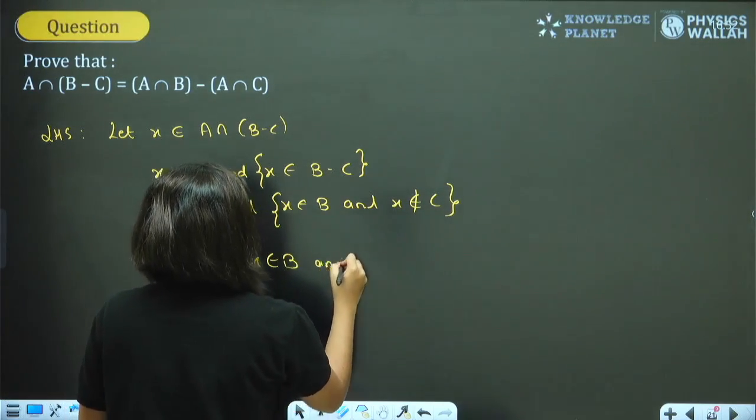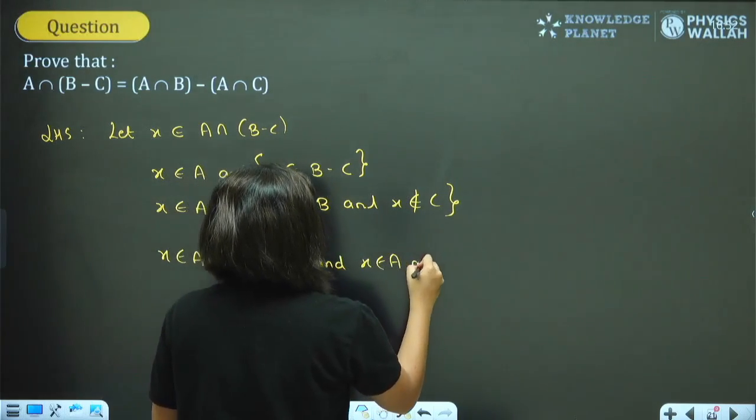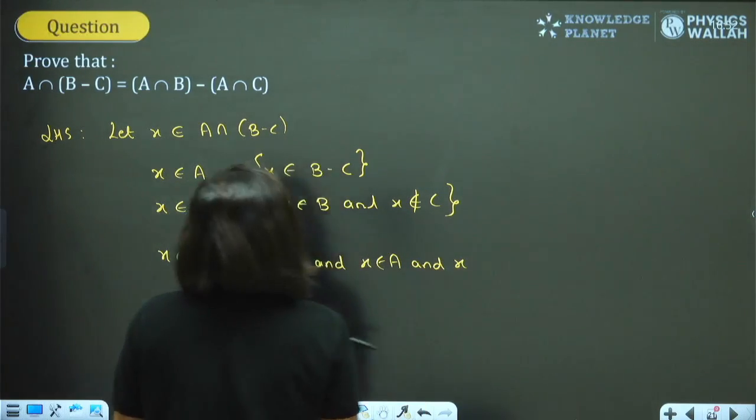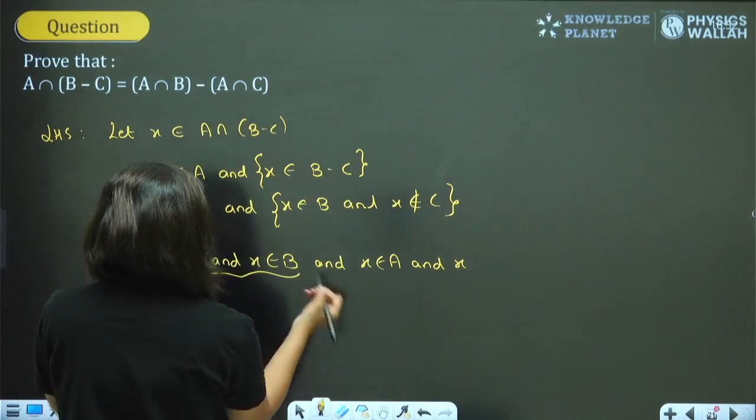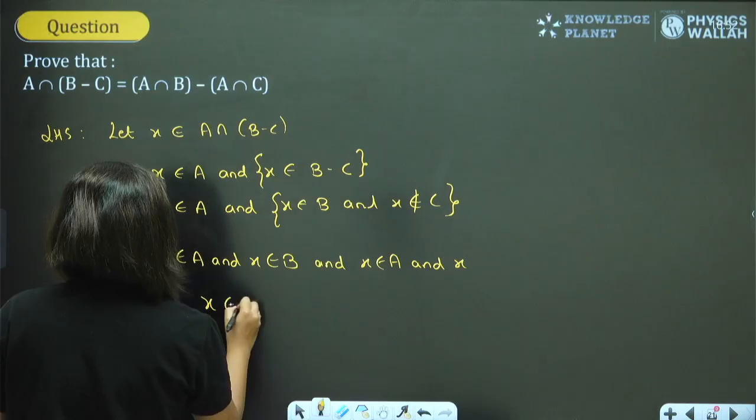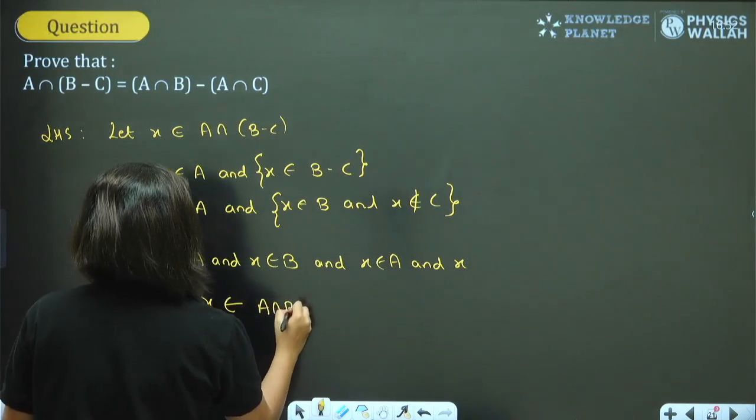Also, X belongs to A and X doesn't belong to C. Here, this first part, when you cover it, says X belongs to A intersection B.